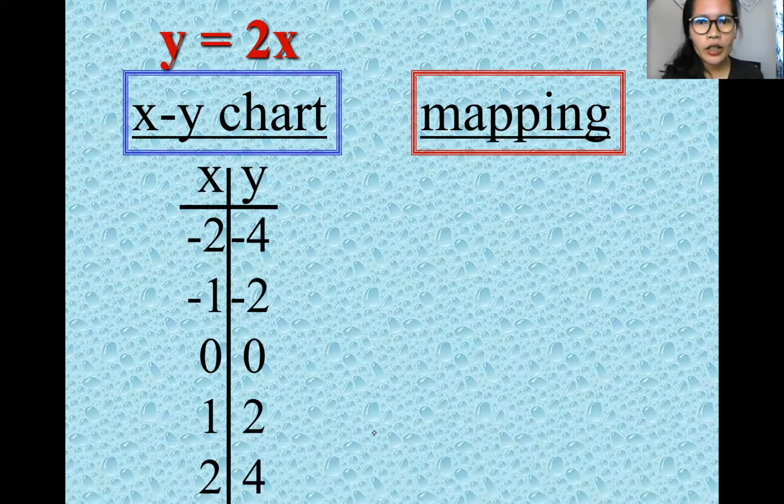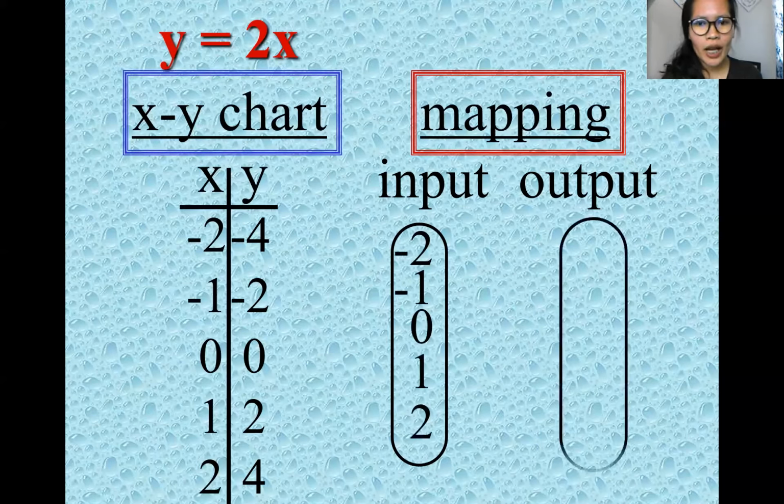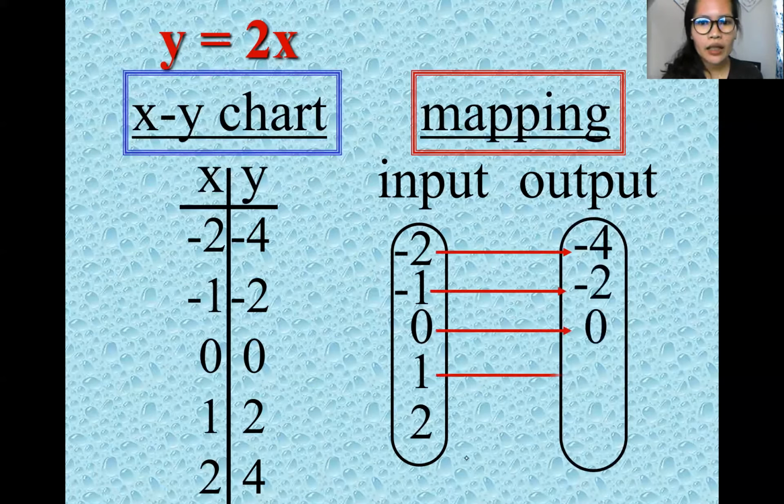Now, we are going to use the mapping. Let's identify the inputs and outputs. The inputs are negative 2, negative 1, 0, 1, and 2, while the outputs are negative 4, negative 2, 0, 2, and 4.